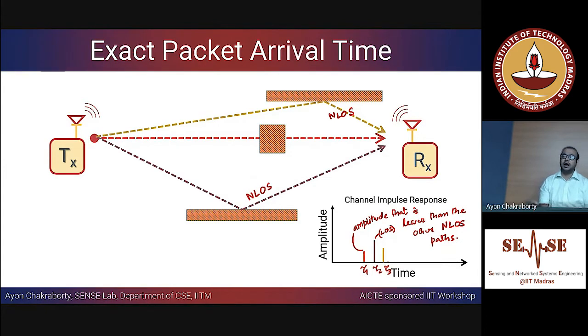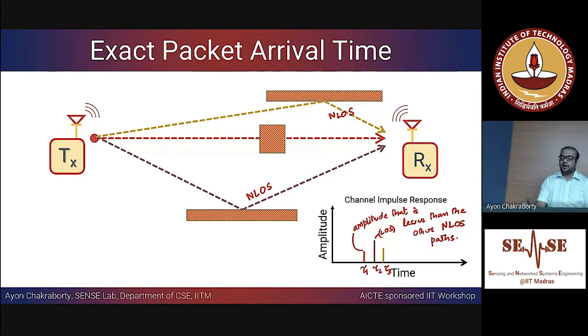And you can understand how the multipath environment dictates the quality of your ranging, or the precision and accuracy that you are able to obtain from this ranging procedure, right? If you have a lot of different obstacles around, if you have lots of multipath, you are going to see the ranging quality deteriorate, and that is the reason you start having range errors.